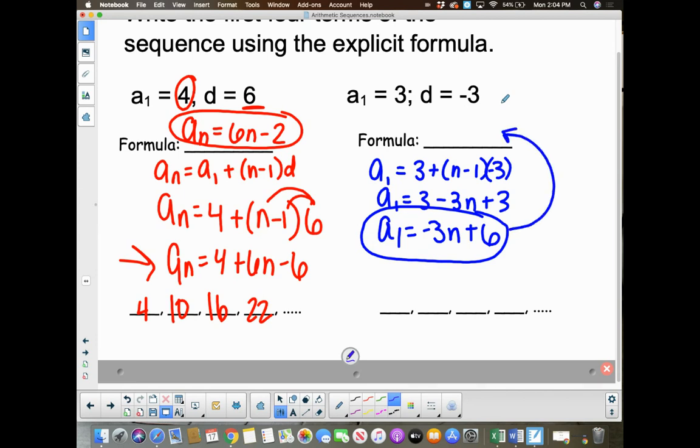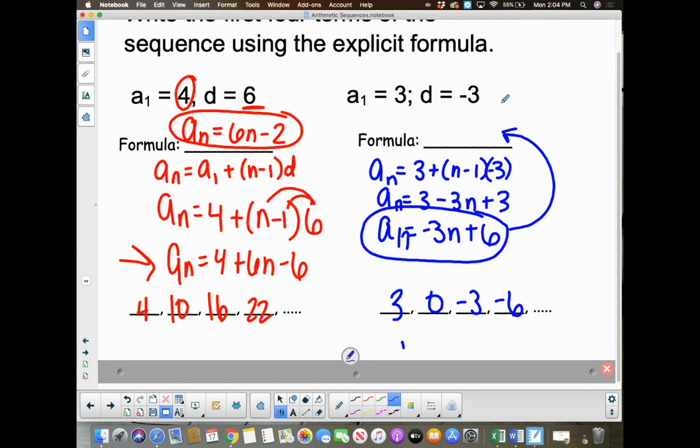Okay, I forgot my n. So my a sub n, I get negative 3n plus 6. If my first term is 3, but I'm subtracting 3 each time, or adding a negative 3, I can go from there.